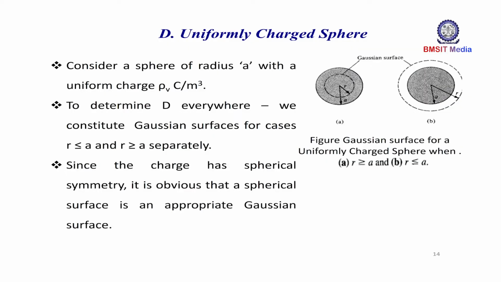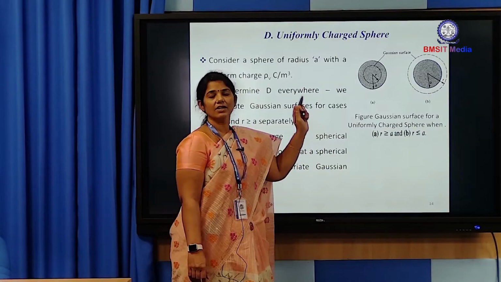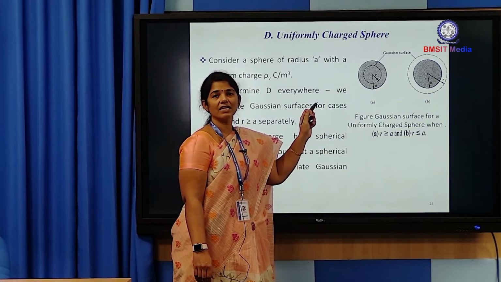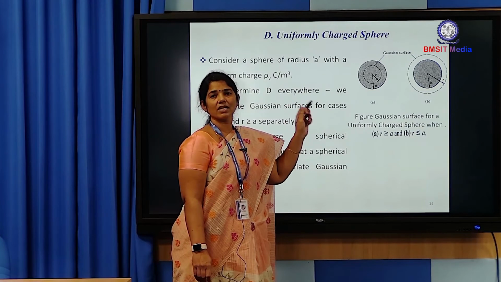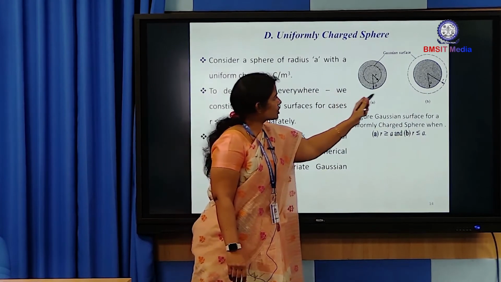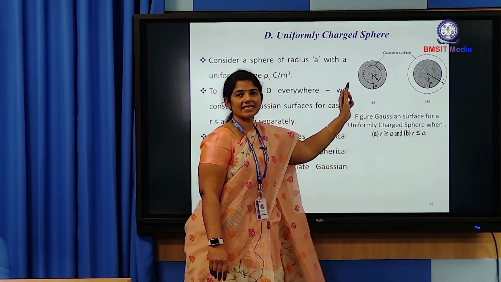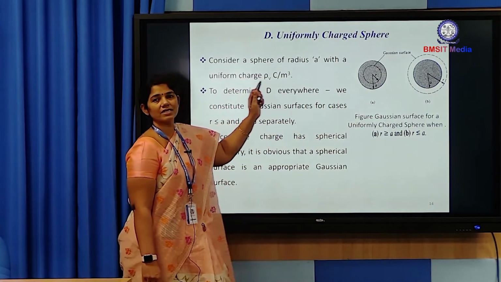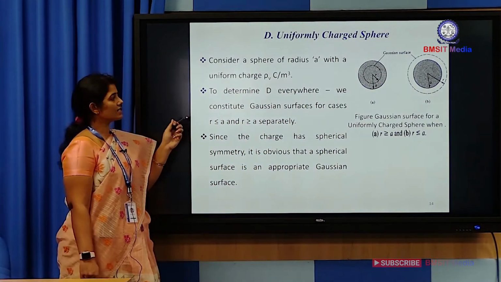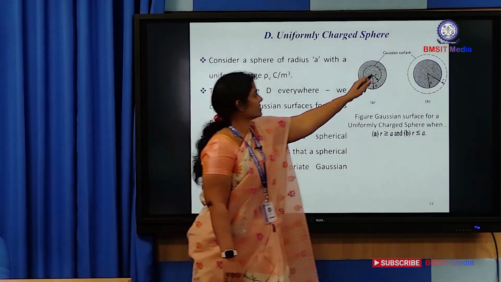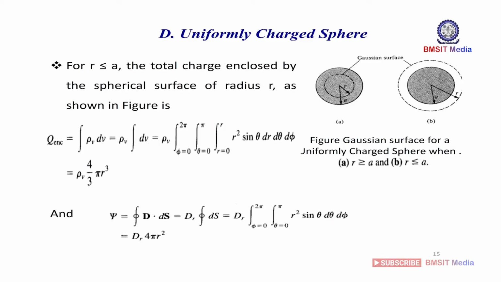And before applying it, we should ensure whether this has spherical symmetry or not. So here we are assuming that the charge has spherical symmetry, and obviously a spherical surface is an appropriate Gaussian surface, right.